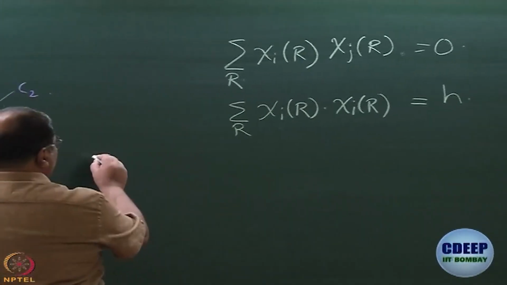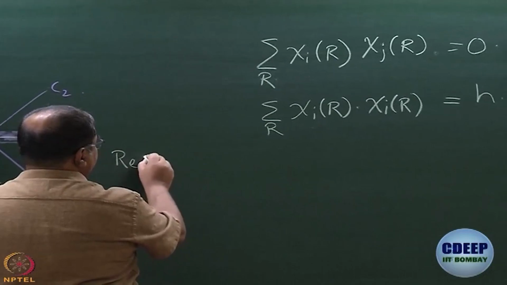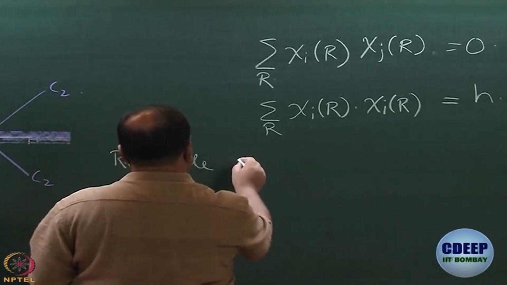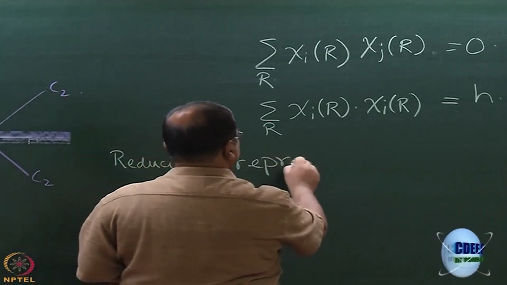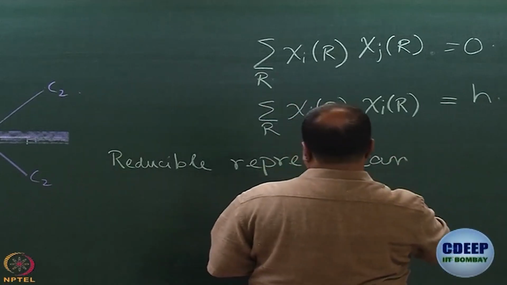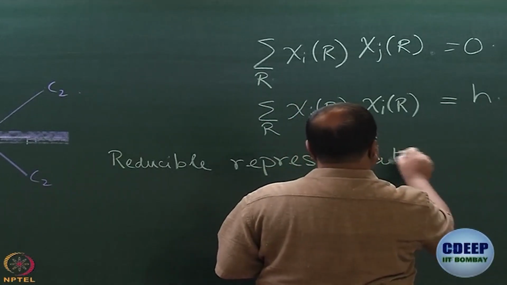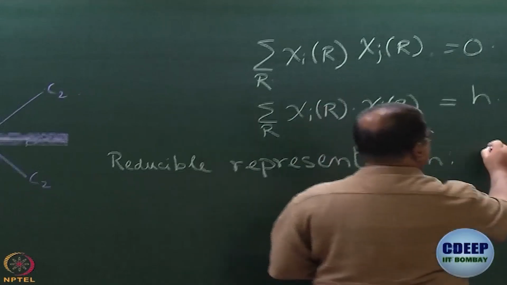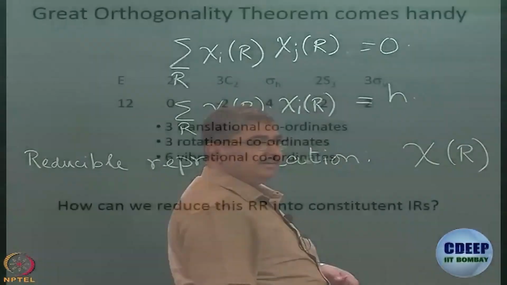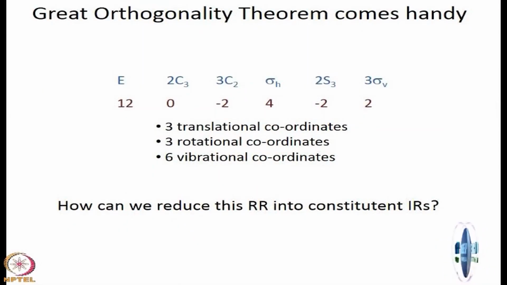For a reducible representation, let us say for some symmetry operation R, the character is chi of R. So, what we are saying is this is chi of E, this is chi of C3, this minus 2 is chi of C2, 4 is chi of sigma h, and so on and so forth.